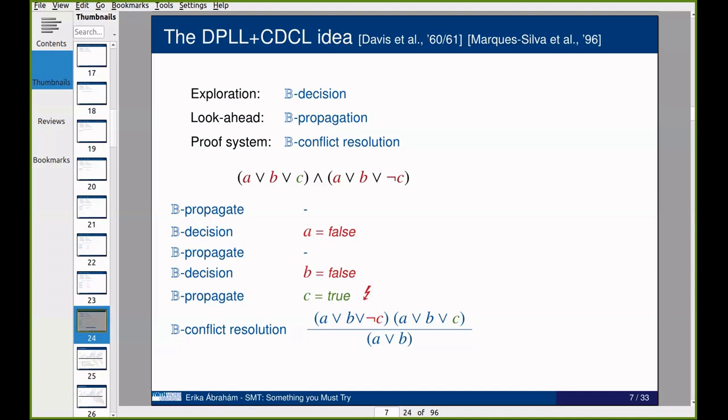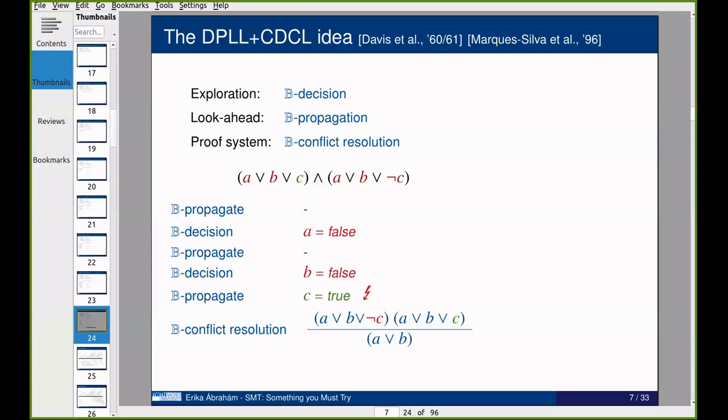If it is false, then this clause will be satisfied, but the rest of the other clause needs to be satisfied. And if it is true, then this clause will be satisfied but the rest of the other clause needs to be satisfied. So in conclusion, the rest of one of the two clauses needs to be satisfied.